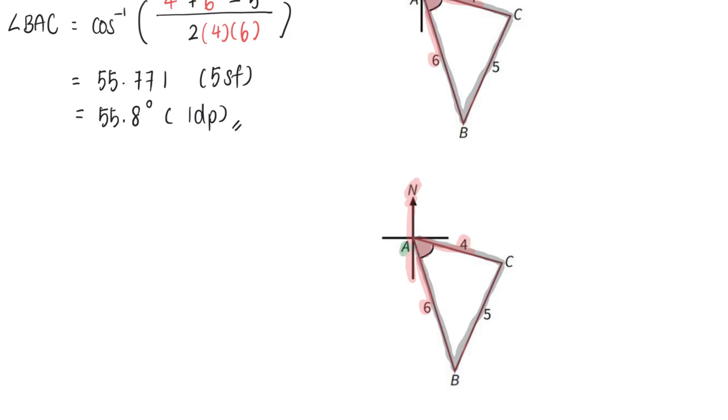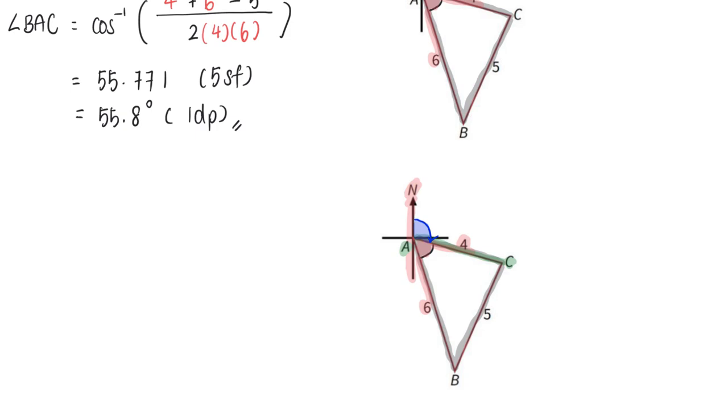AC will be the ending line. A bearing starts with the north arrow and goes in the clockwise direction until it reaches the ending line. So this is the angle we are looking at.